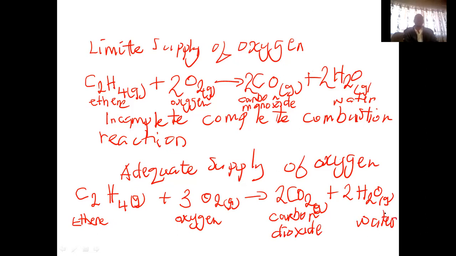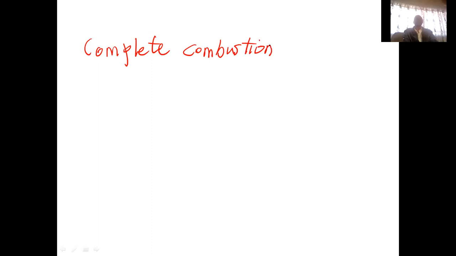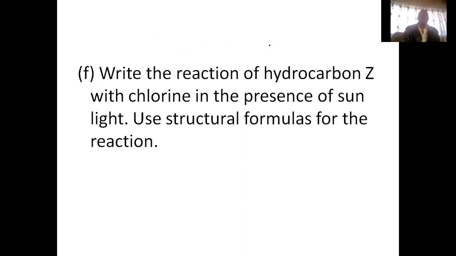So this is actually a reaction for complete combustion. What it means is that actually the burning process was complete.